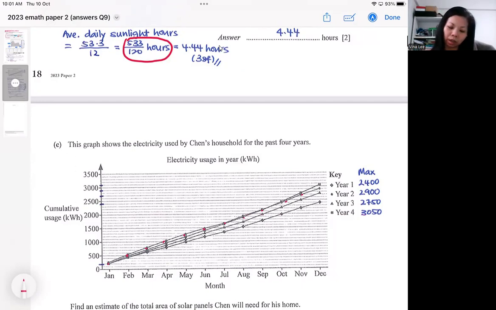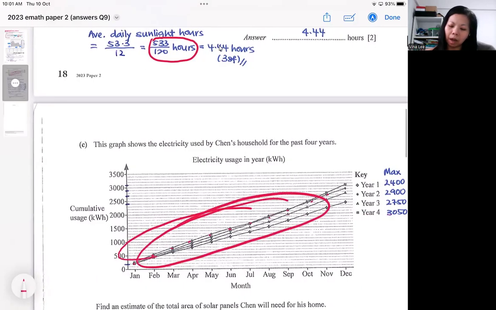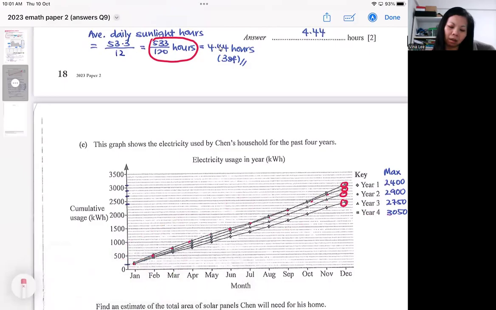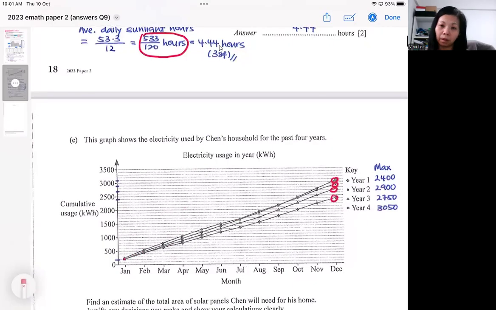So I actually ignore all the other data here. I only look at the maximum, because if my solar panel can cater for the highest amount, then when he doesn't need to use so much, he surely will have enough. This one is a little bit more difficult to read.